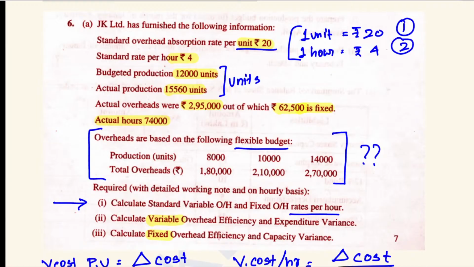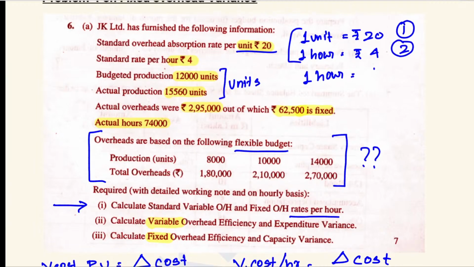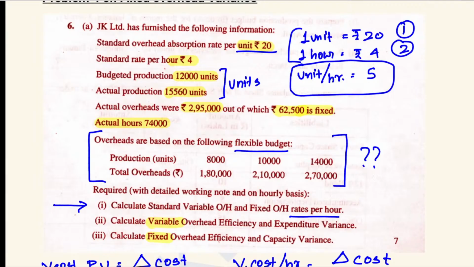When I divide 1 by 2, I will get units per hour, which is 5. So this is crucial information. That means I will get 5 units in 1 hour.